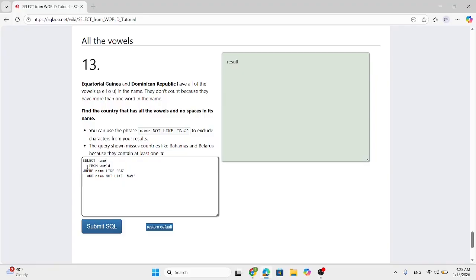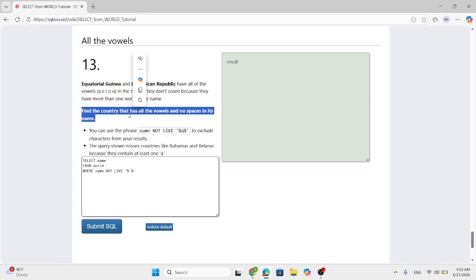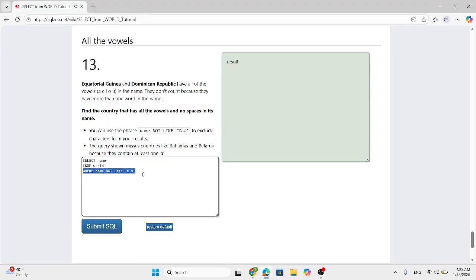So select name from world where name. Firstly we need to do it like this, not like this, because we don't need spaces. Okay, we are going to find this. The country name has all the vowels and no space. This means no space.